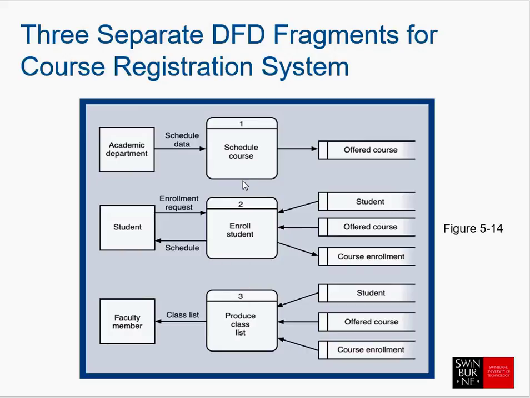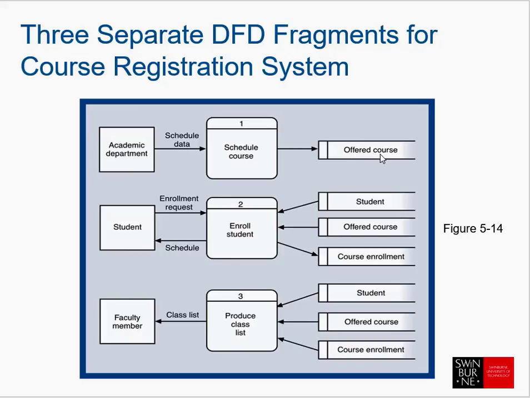The first fragment is schedule courses, and it identified one external agent which supplies scheduling data. This data is processed and goes to a data entity. It writes the scheduling information back to an entity called offered courses.